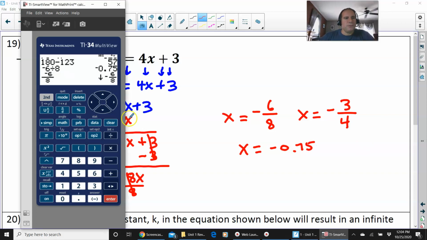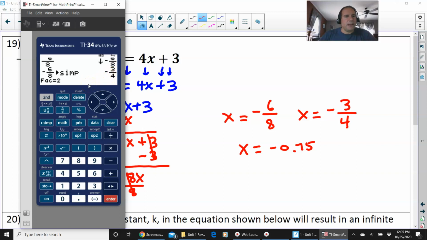I want to show you that if you put it in just this way with the calculator and you press that fraction button, it does say down, and if you press enter again, it does the same thing. So it's telling you that it needs to be simplified, and so if you wanted to simplify that, it's -3/4.